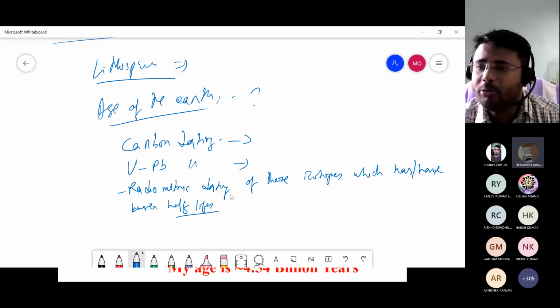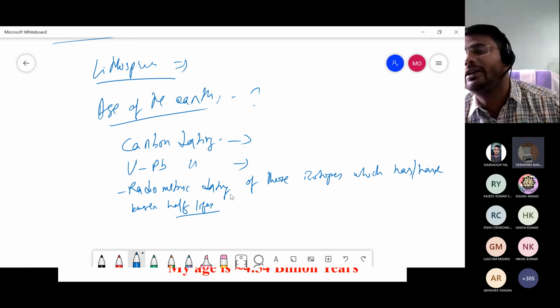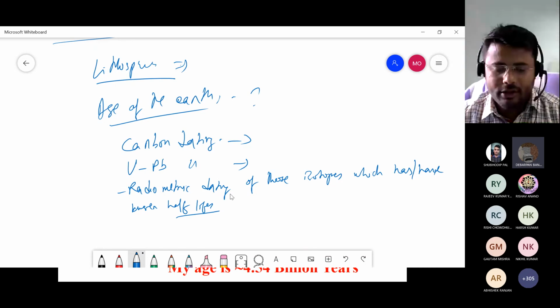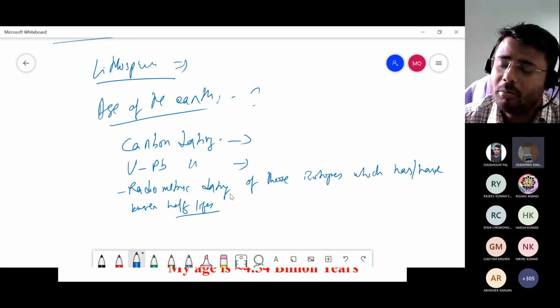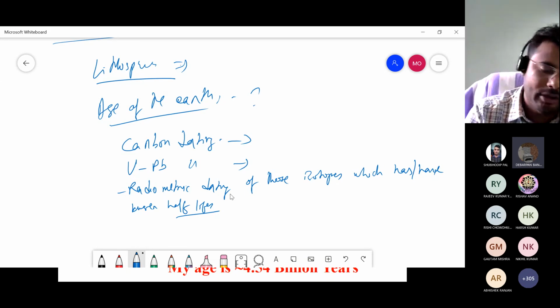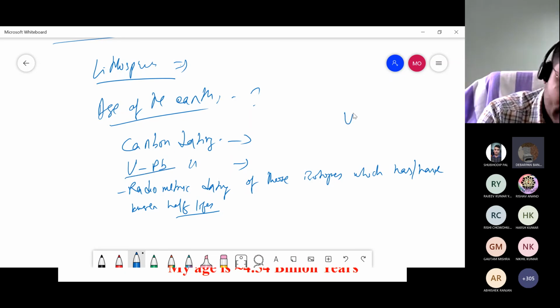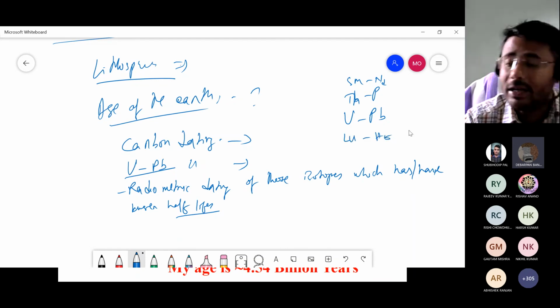Most importantly, only those elements are taken. There are multiple ways of dating a particular thing, right? You can use multiple elements. Say for example, uranium-lead is one, thorium-lead, samarium-niobium, lutetium-hafnium. These are isotopes, right?